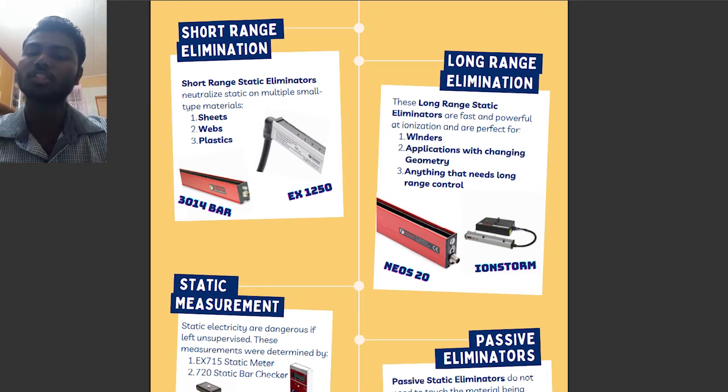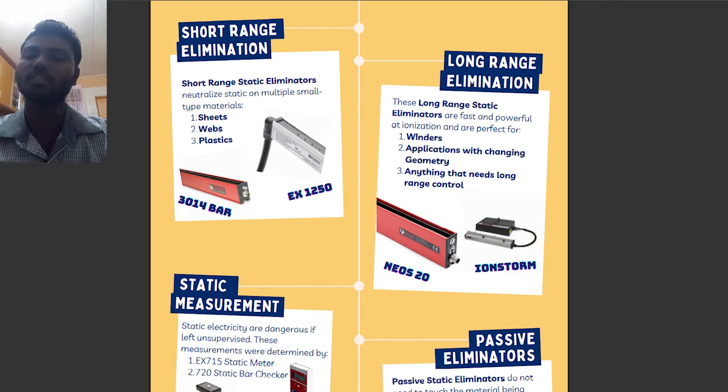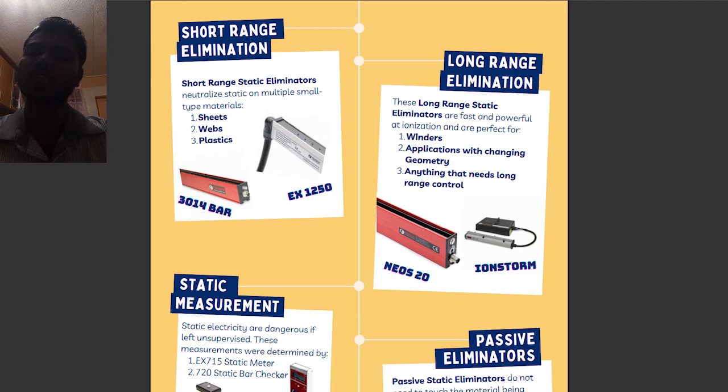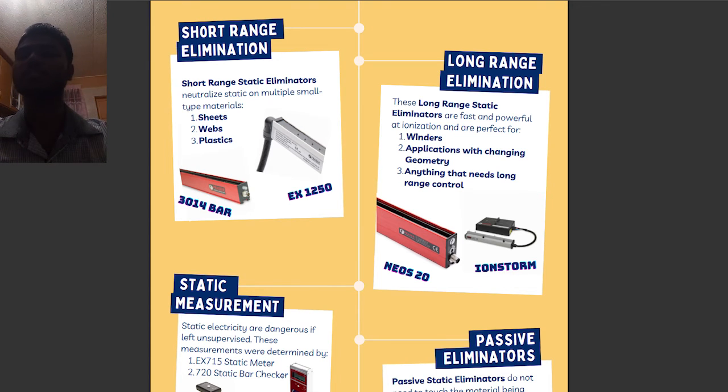This was the main increase and set new requirements in static neutralization. DC ionization has a longer life than AC ionization, but DC equipment must be placed as close to the object as possible. For any given static eliminator bar type, the single factor having the greatest influence over performance is the distance to the target.